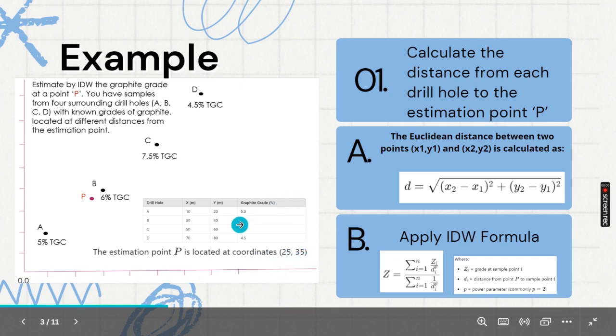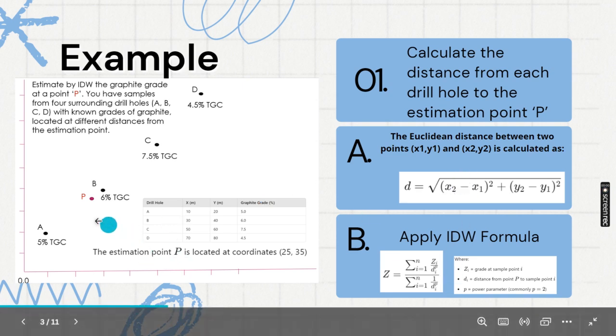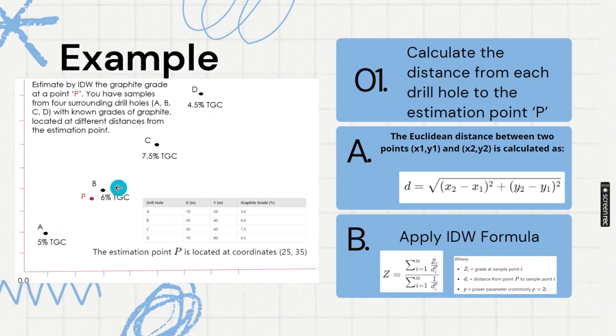So at this point P, what will be the grade of graphite? By using IDW, it is possible to estimate. Direct distance from all known points must be calculated first.